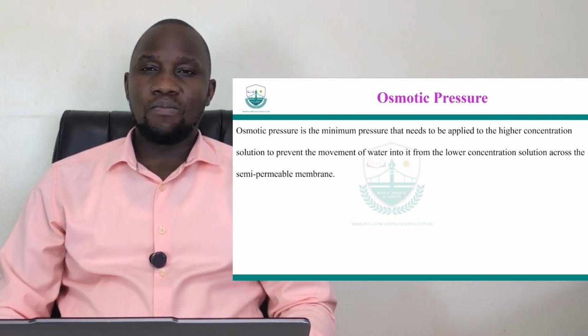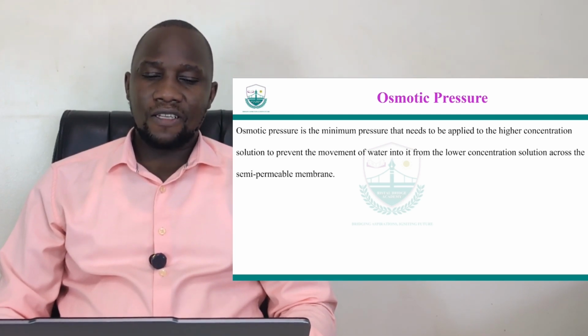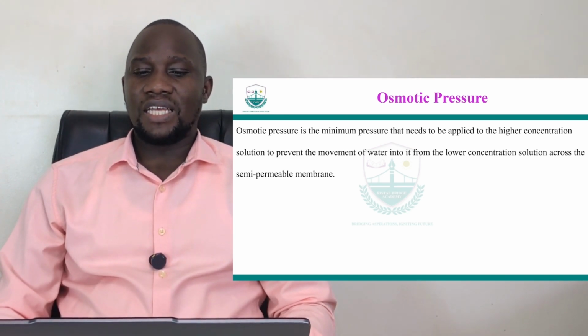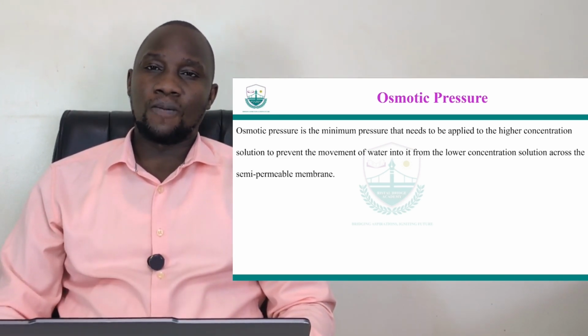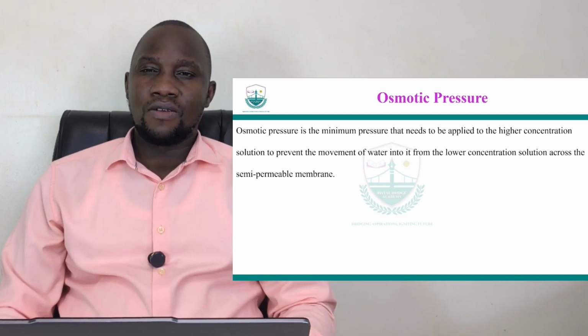So there should be a point where you have a stop. And we are basically saying that osmotic pressure puts a stop to this. So osmotic pressure prevents the movement of water into a particular solution, especially if you have this movement happening from a region of lower concentration solution.